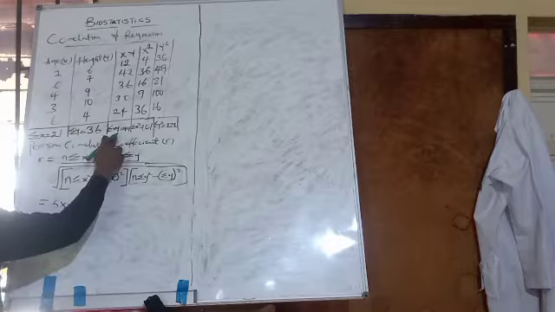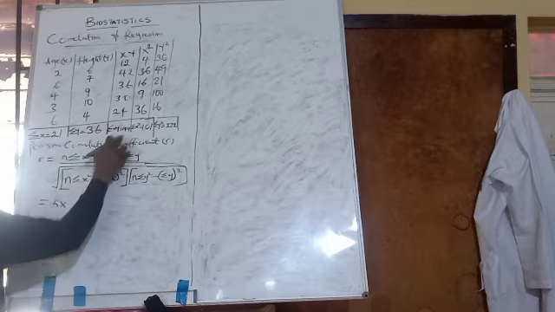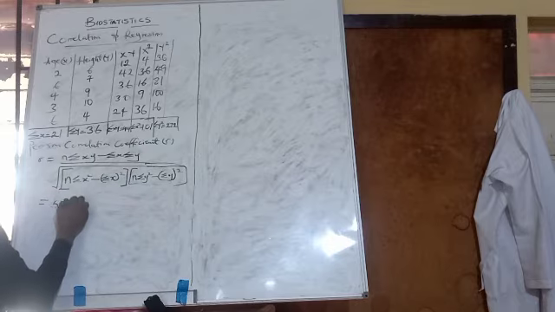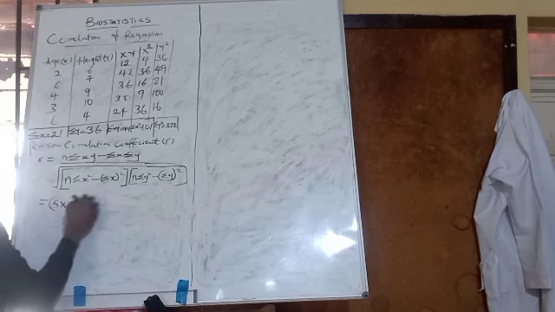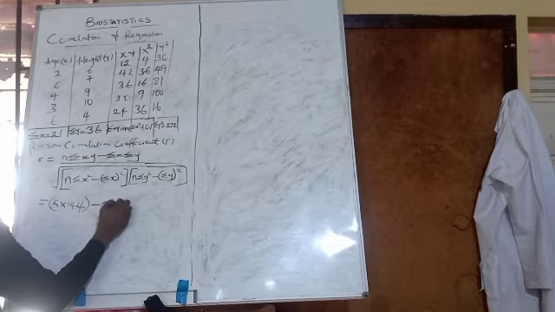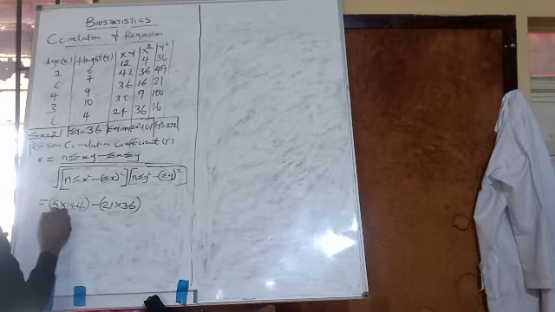Sigma sy is 144. So times 144, we bracket this just to create orderliness. Then sigma s, we've got here as 21. We say 21 times sigma y. Sigma y is 36. So we bracket this again and close.